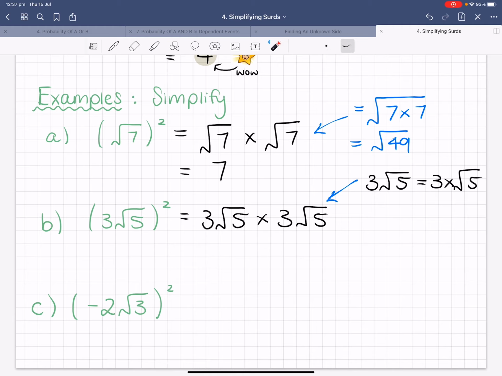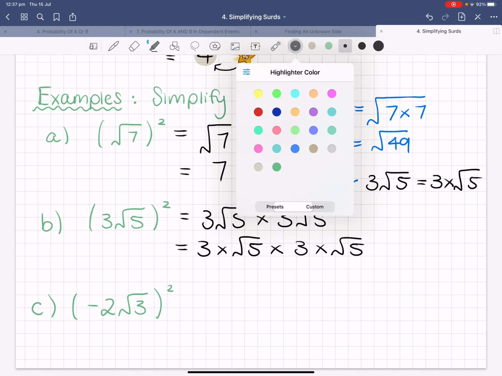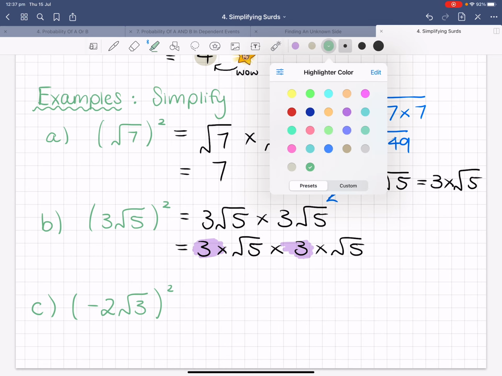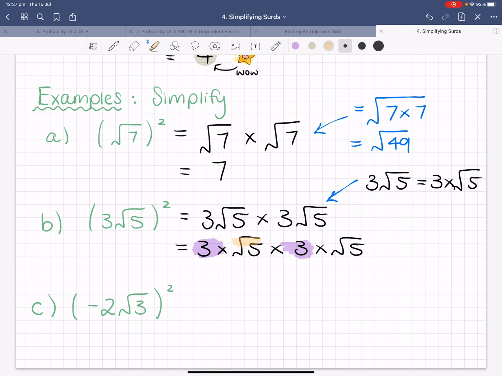So what this means is we can expand that out a bit further to say it's 3 times the square root of 5 times 3 times the square root of 5. And like algebra, you group things that are like terms. So we've got the numbers out the front, which we group together, and then the surds we also group together.